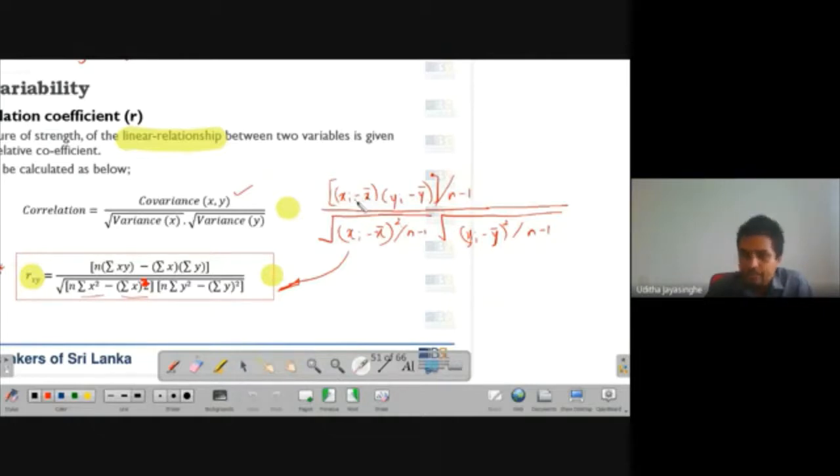Number as in you have the xi minus x bar, yi minus y bar divided by n minus 1. So this is going to give you a number something like 23, negative 5, something like that.